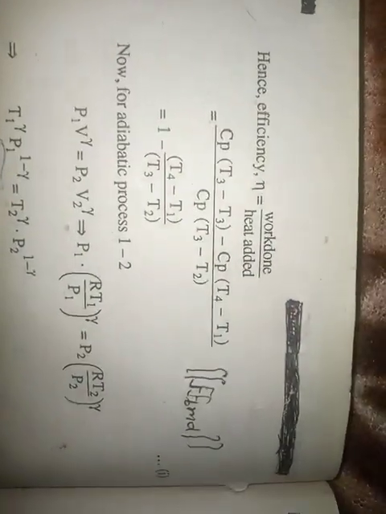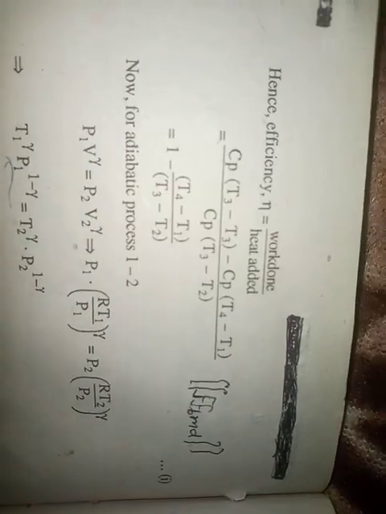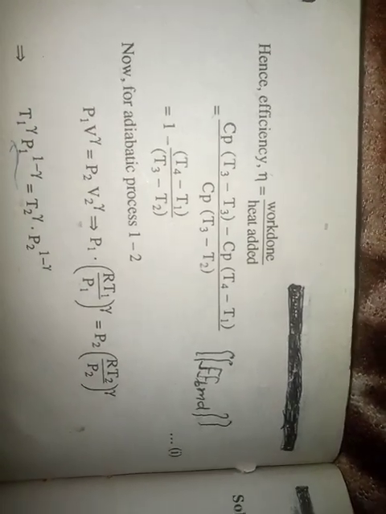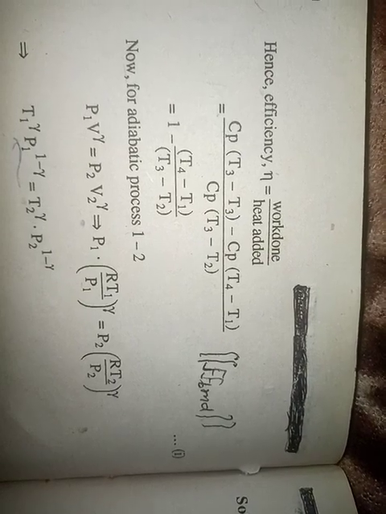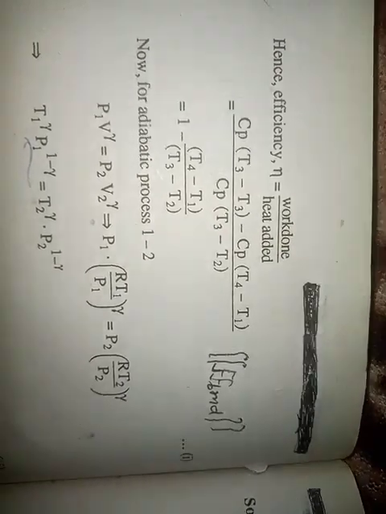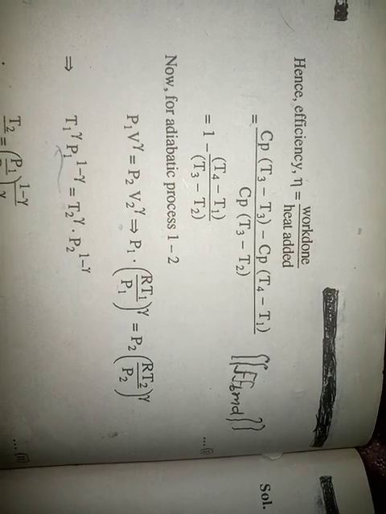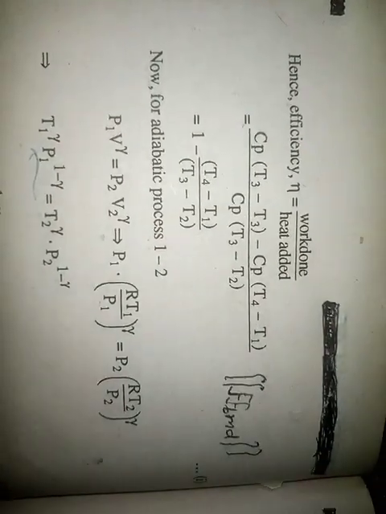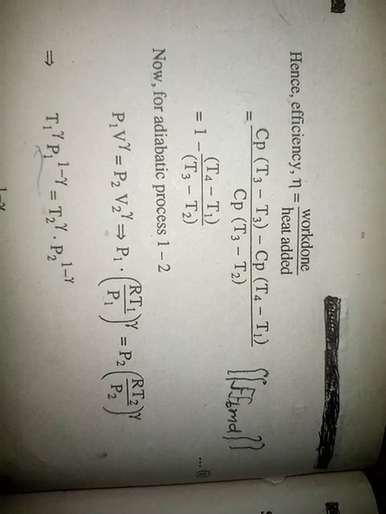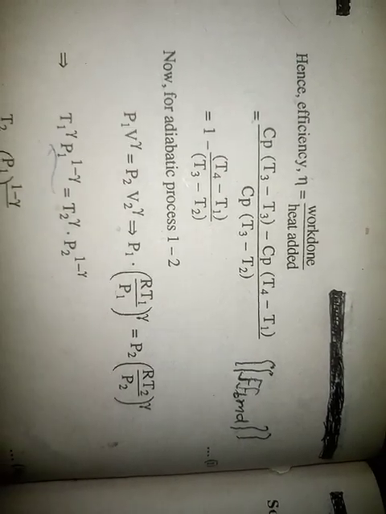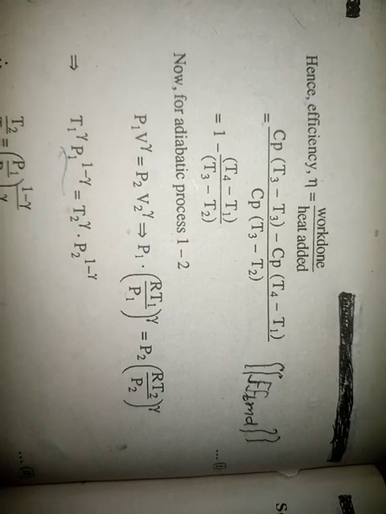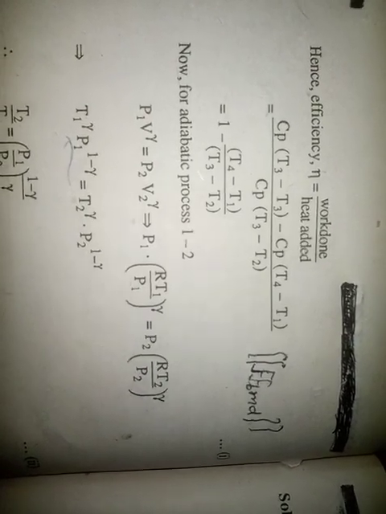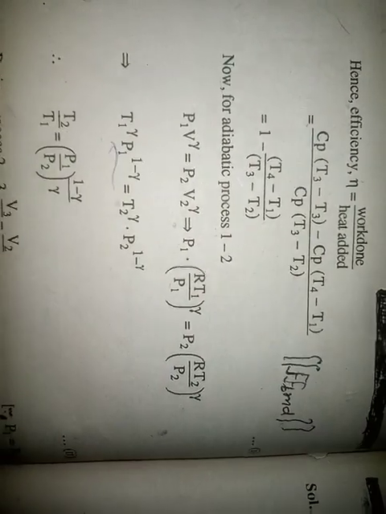Hence, efficiency eta equals work done by heat added, equals Cp (T3 minus T2) minus Cp (T4 minus T1) divided by Cp (T3 minus T2), equals 1 minus (T4 minus T1) divided by (T3 minus T2), equation 2.